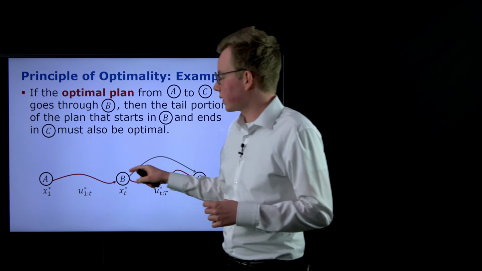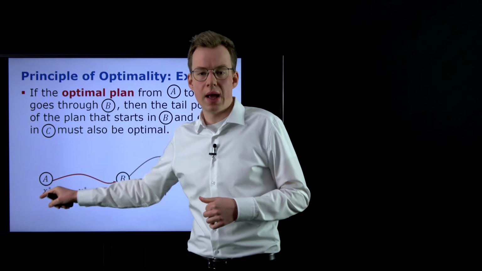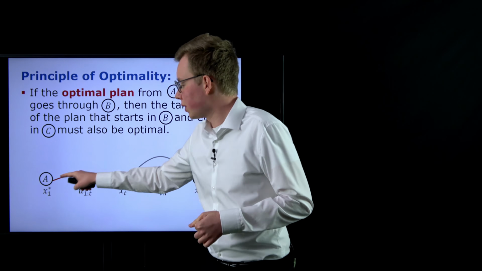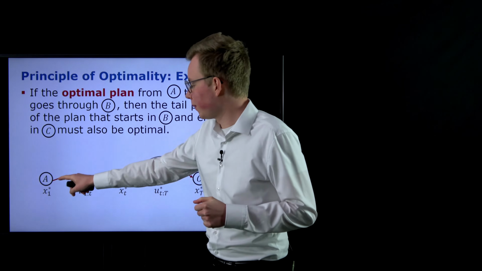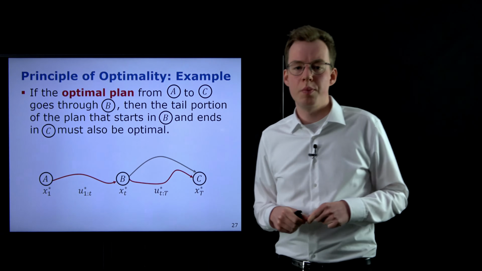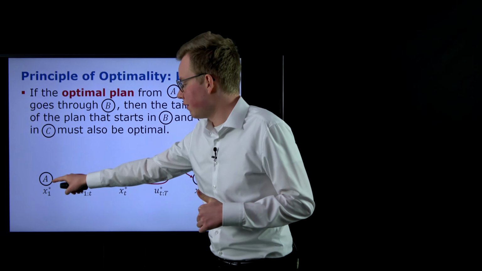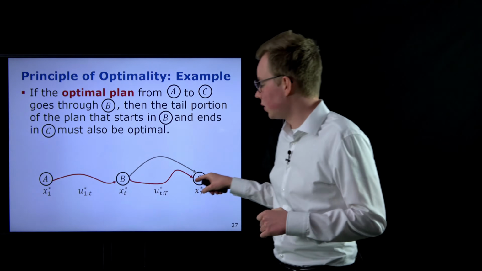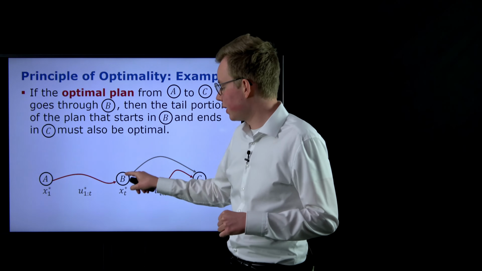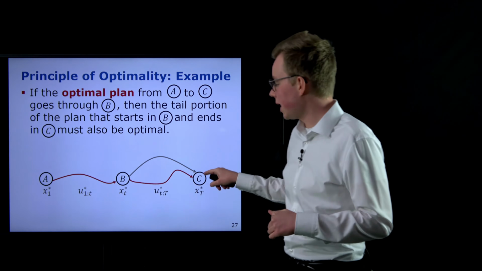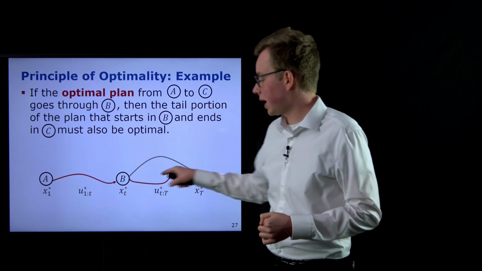Imagine that you are tasked to find a plan to this goal location C, and you're starting in A. You know the optimal plan from A to C, and this optimal plan leads through B. The principle of optimality states that if this is the optimal plan from A to C, then you can also take any tail portion of the plan, for example this tail bit that starts in B and ends in C, and this will still be the optimal plan for this tail problem.